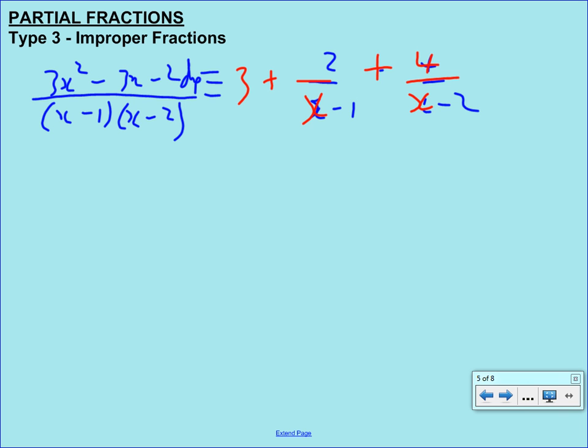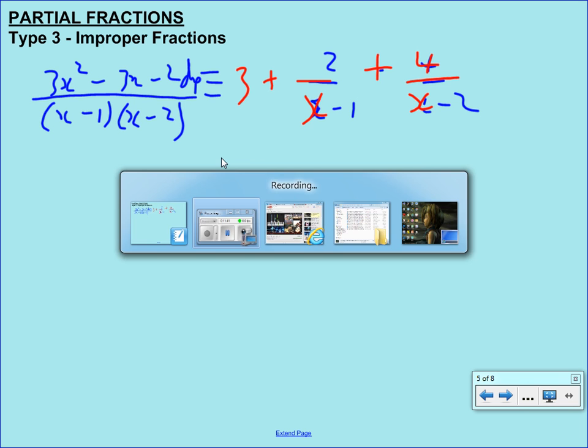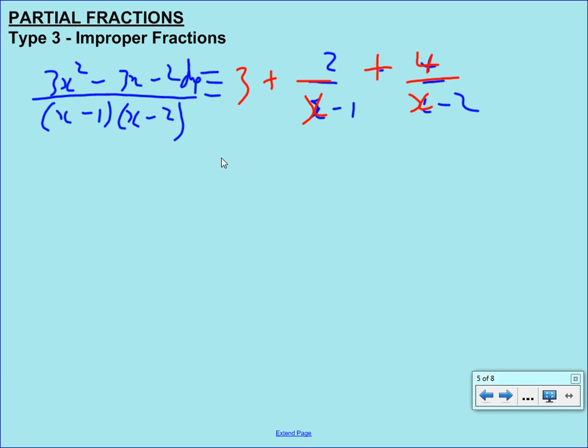Now if it said find the binomial expansion of the whole thing, fine. Because what I'd have is, I need an expansion for this one. So this is the same as 3 plus 2(x minus 1) to the power minus 1. But remember, I need it in terms of 1 plus x.